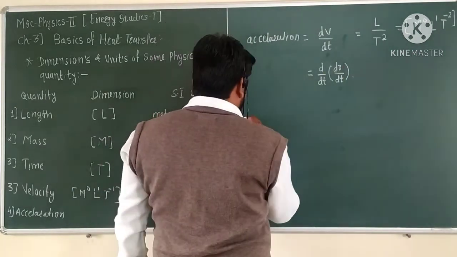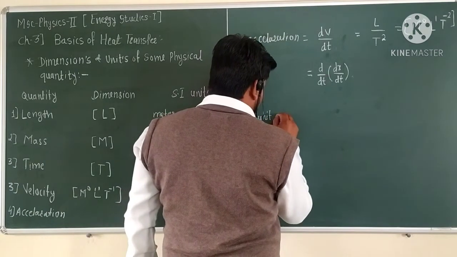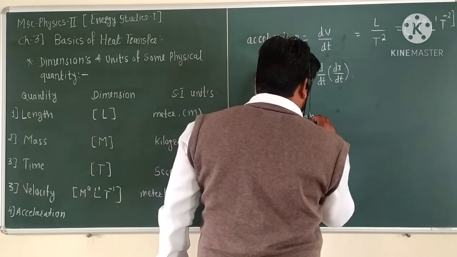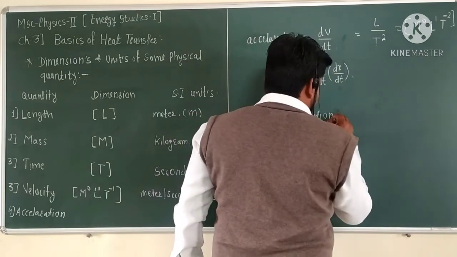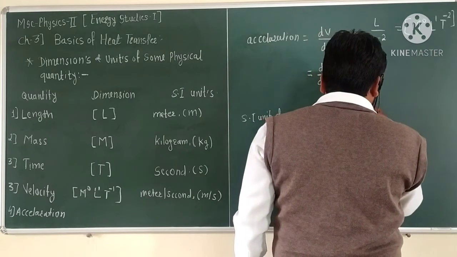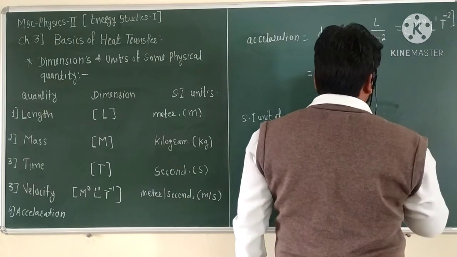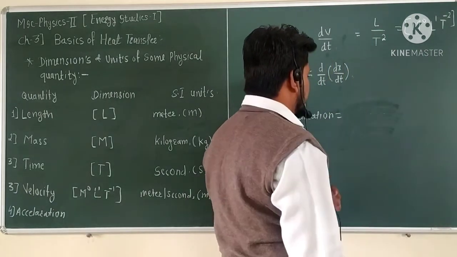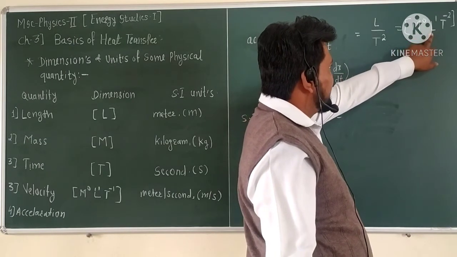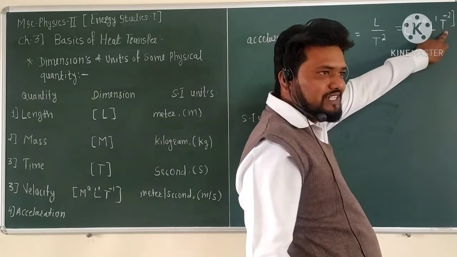And if we see the SI unit of acceleration, the dimension is M power 0, L power 1 and T power minus 2. It depends upon the length unit, which is the meter, and the time unit, which is the second.